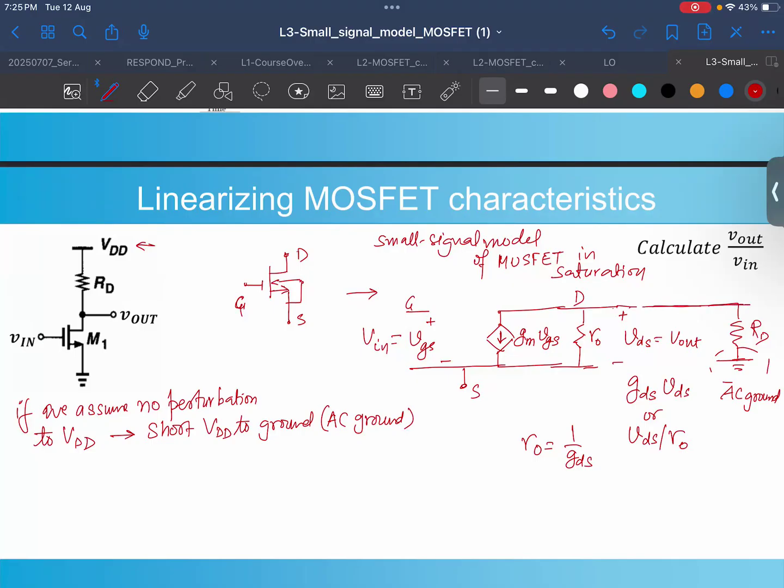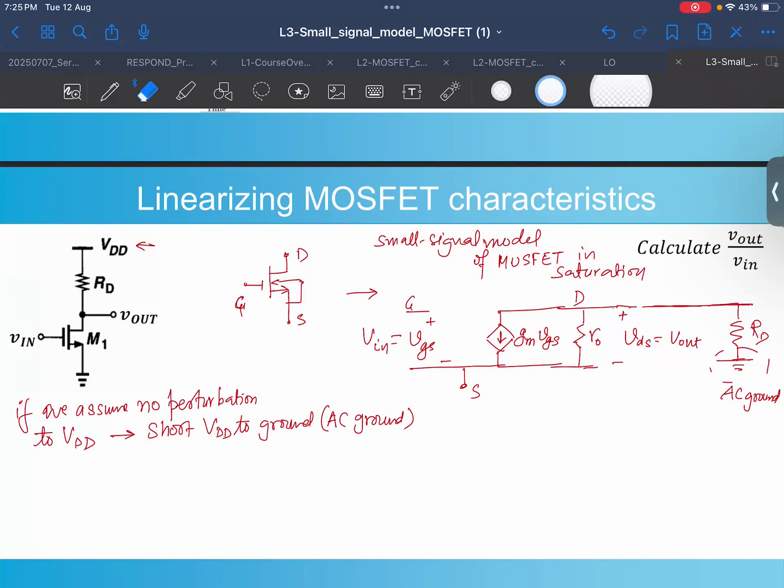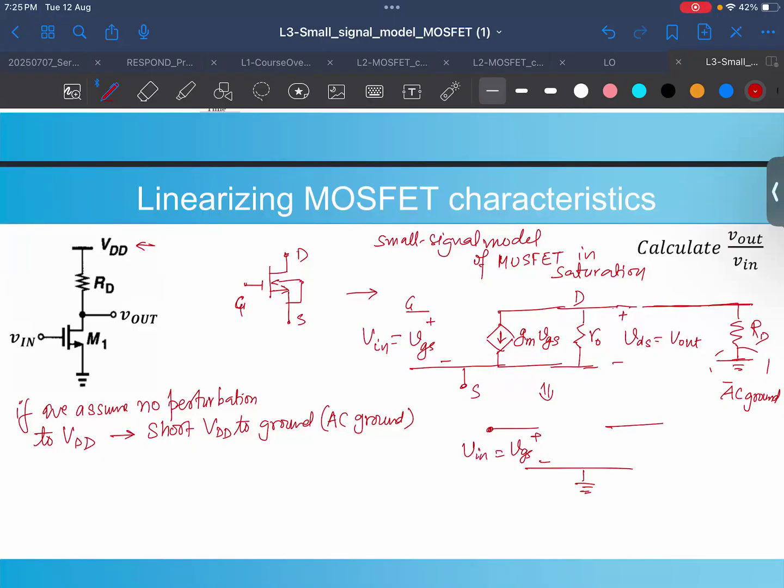Now we want to calculate VDS. How do we calculate VDS? We see how much current is flowing through these resistances. So there is a gm VGS, which is the small VGS, and the source is grounded here. This is where you apply this V in. As a response, you get this current, gm small VGS.